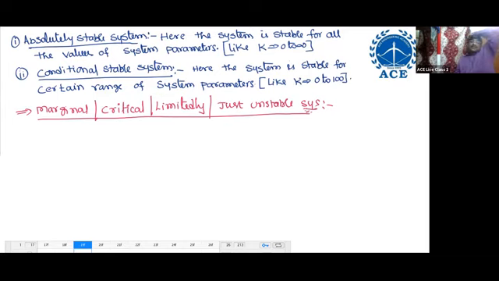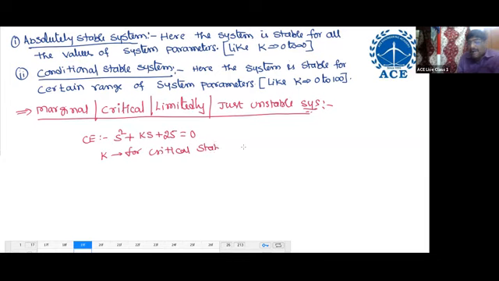Critical damped means zeta is 1. Once in IAS, for a 1 mark question, the characteristic equation was given as s square plus ks plus, for example, 25 equal to 0. They asked the k value for critical stable.